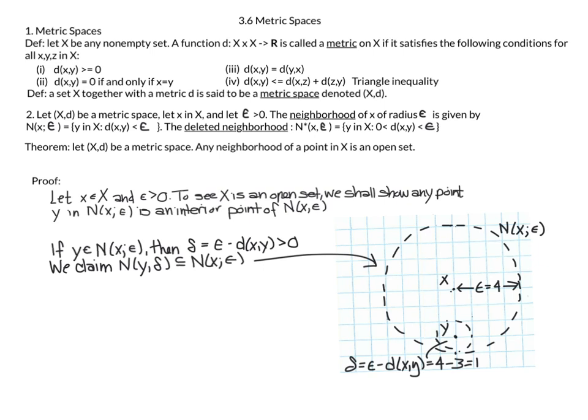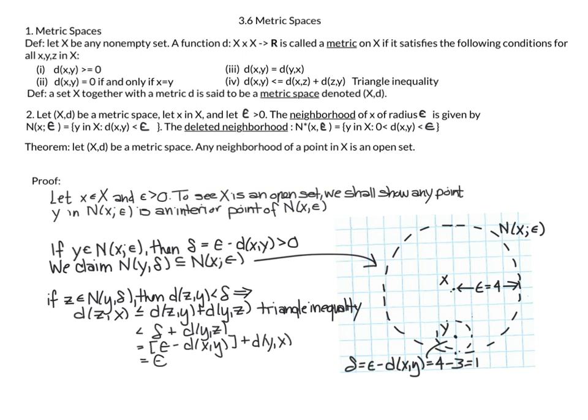So that means the radius delta for this new neighborhood is going to be 4, the epsilon, minus the distance between x and y. And remember, the distance between x and y is always less than epsilon, just by the definition of neighborhood. So that means that this radius around y will always be contained in the neighborhood of x.